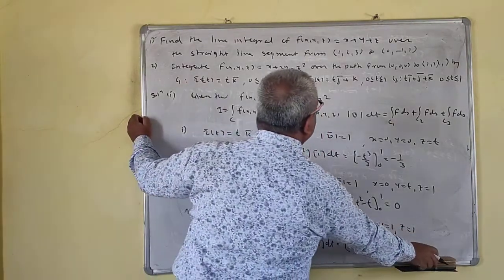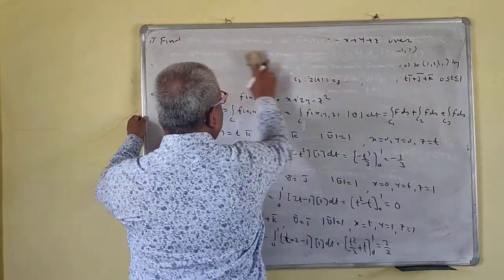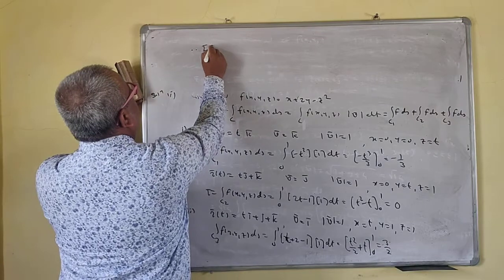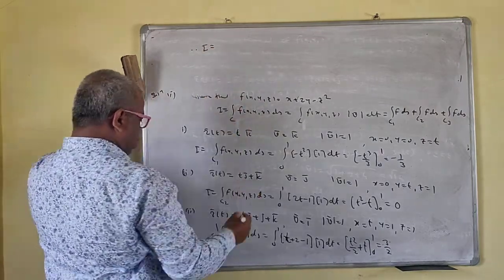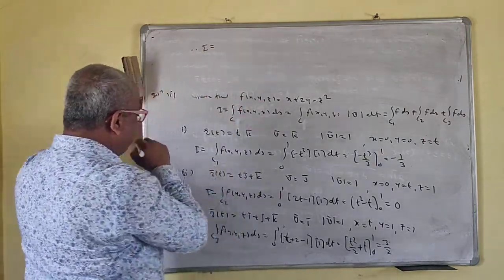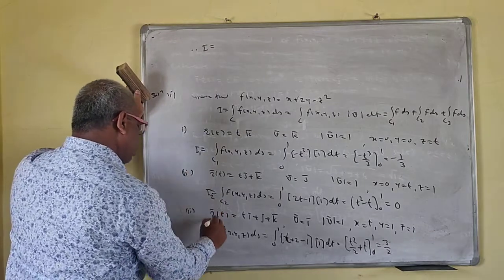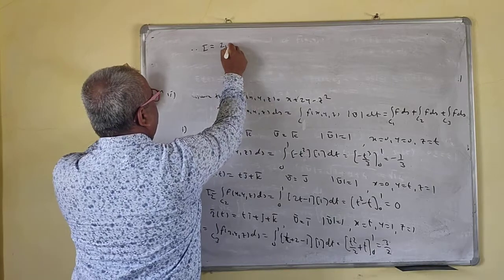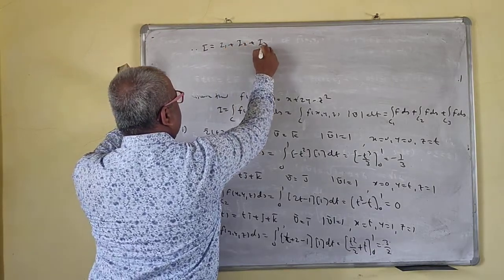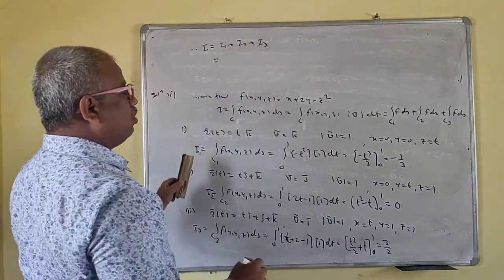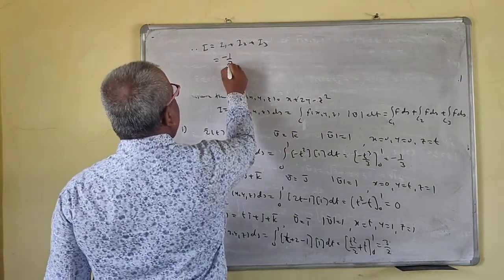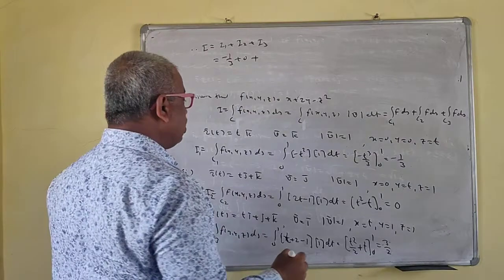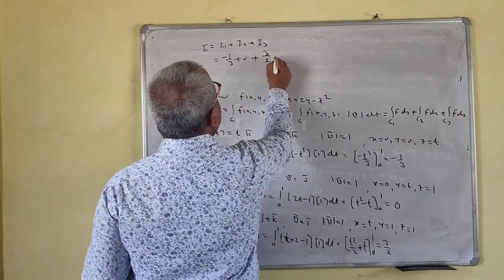So therefore I is equal to I1 plus I2 plus I3. Your I1 is minus 1 by 3, I2 is 0, and your I3 is 3 by 2.